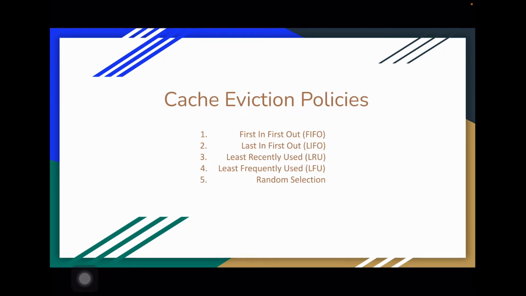There are five cache eviction policies here. The first one is first in, first out, like a queue. The second is last in, first out, like a stack. Then least recently used, least frequently used, and random selection.